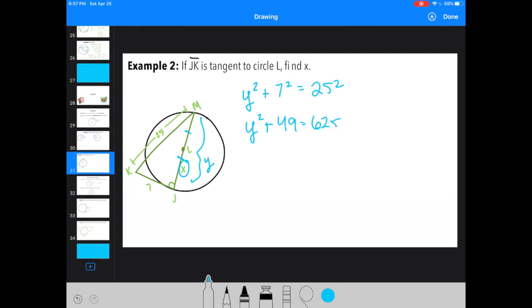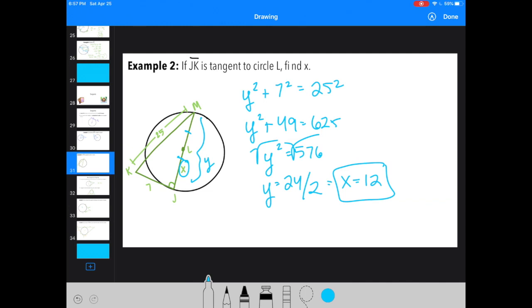So 625 minus 49 is equal to, y squared is equal to 576. Take the square root, giving me an answer of y is equal to 24. All right, so if y is equal to 24, that's the diameter. To get my radius, I'm going to divide by 2. So x is equal to 12.